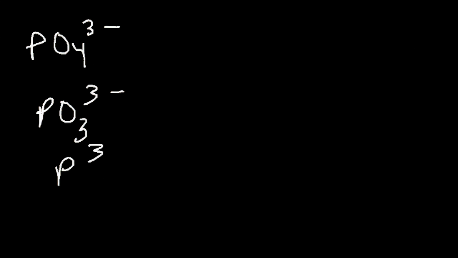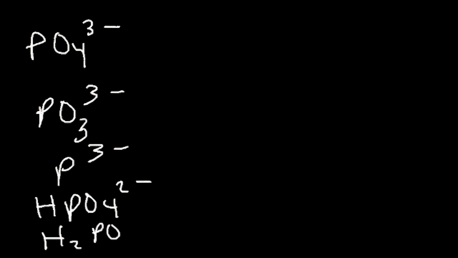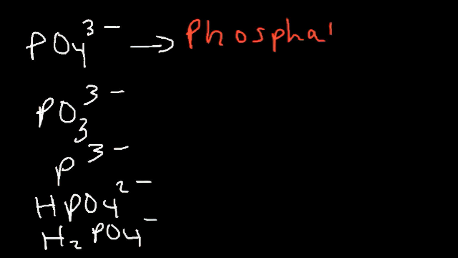What do you think the names for these ions are? PO4 3 minus, PO3 3 minus, P3 minus, HPO4 2 minus, and H2PO4 minus. PO4 3 minus is known as phosphate. So if you know the first one, you could find the rest. PO3 has 1 less oxygen, so if PO4 is phosphate, PO3 is phosphite.